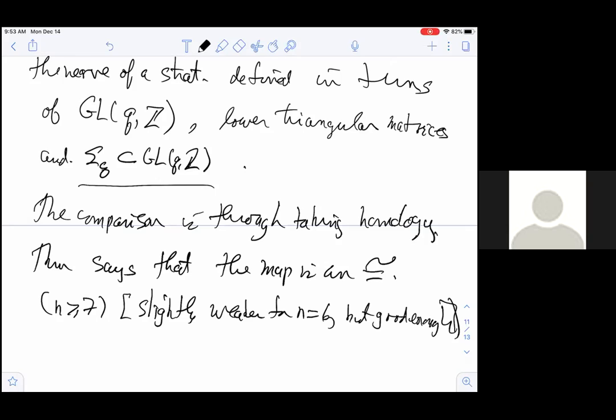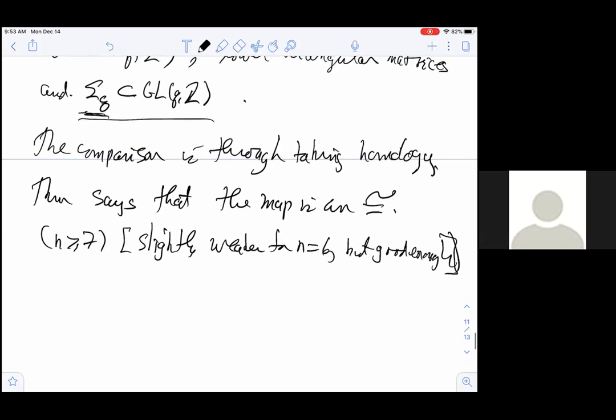So in the end, we're able to reduce this geometric stratification to a stratification of a complex defined in GLQZ, using the lower triangular matrices and the symmetric group. Exactly the ingredients that come into K1.